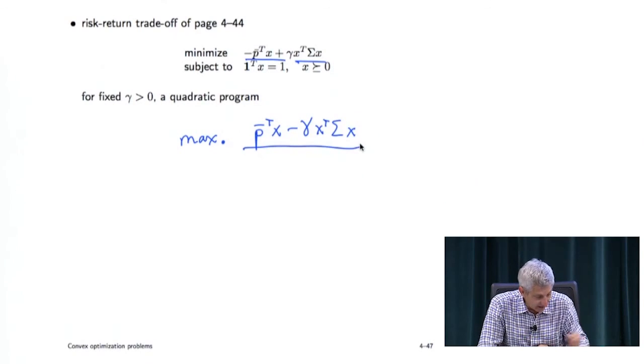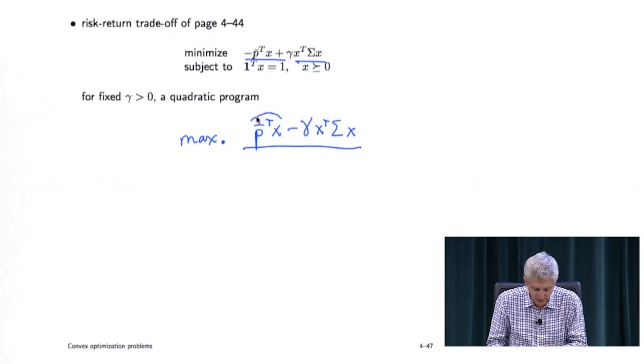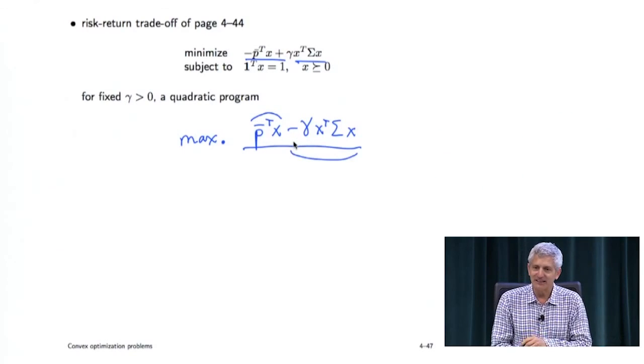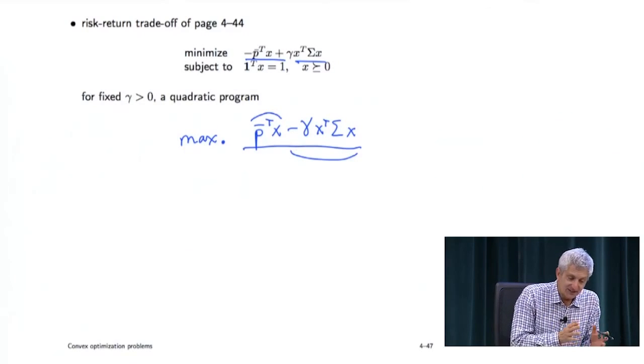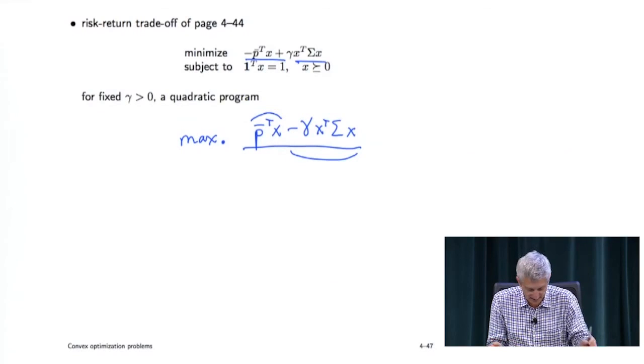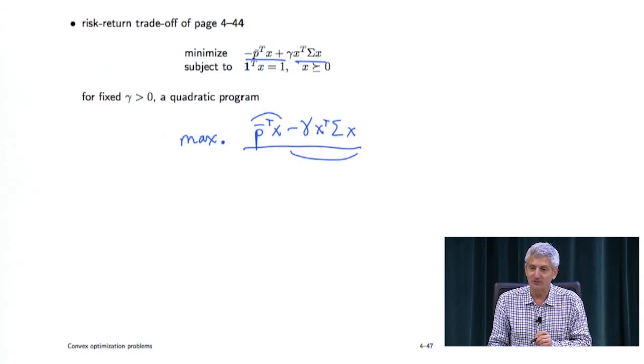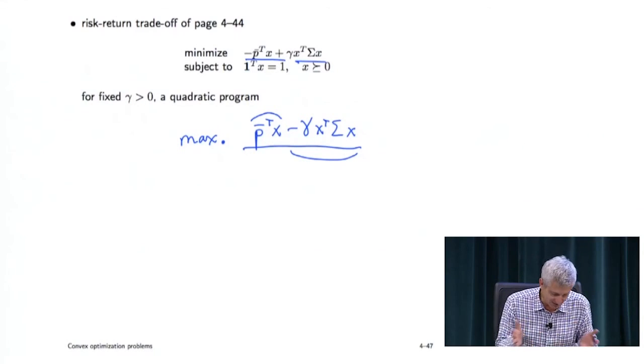This is called risk-adjusted return. There's your return, which is really an expected return, and this is a risk adjustment, meaning that they're subtracting from the expected return something that penalizes risk. And by the way, gamma has a beautiful name in this case. Gamma is called the risk aversion parameter. And you turn it to get different portfolios.